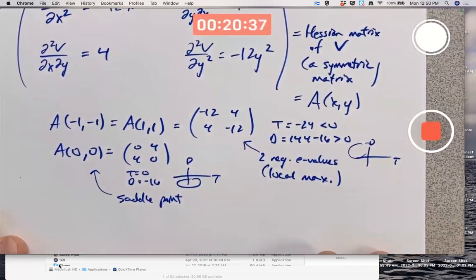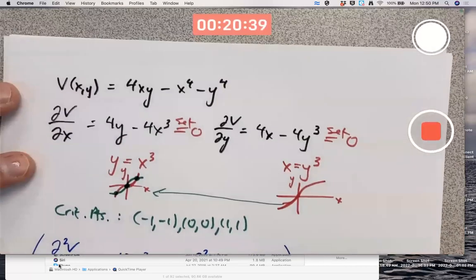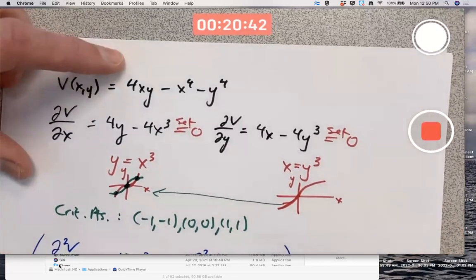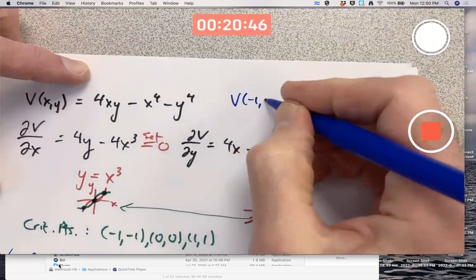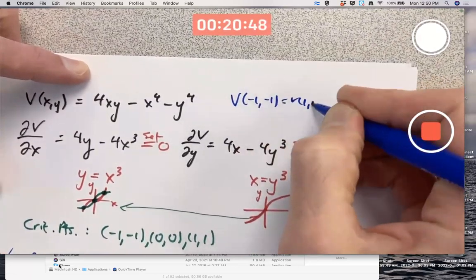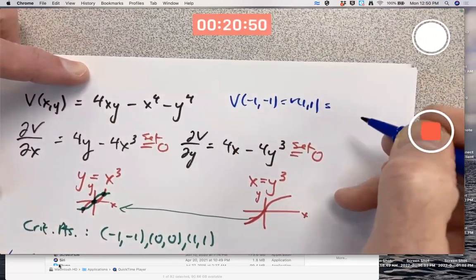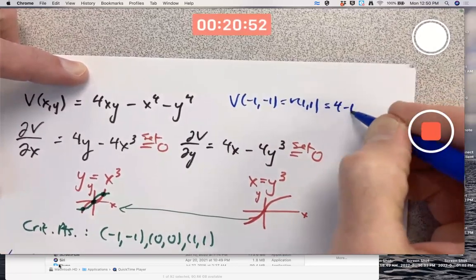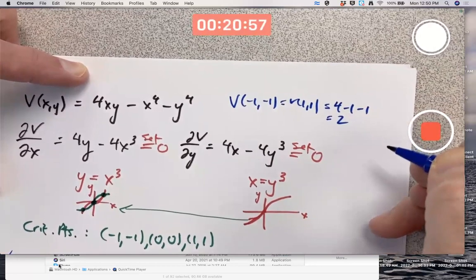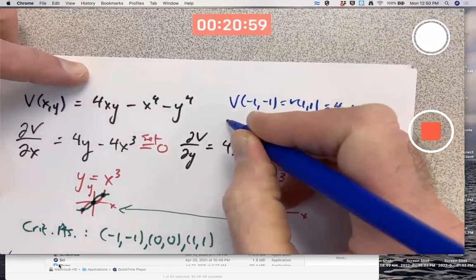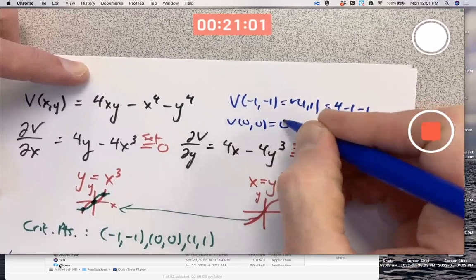In fact, because this is symmetric in x and y, you get the same output. V of -1, -1 equals V of 1, 1. What do you get? 4 minus 2 is 2 in both cases for the output of the function. At the saddle point, V of 0, 0, you get 0.